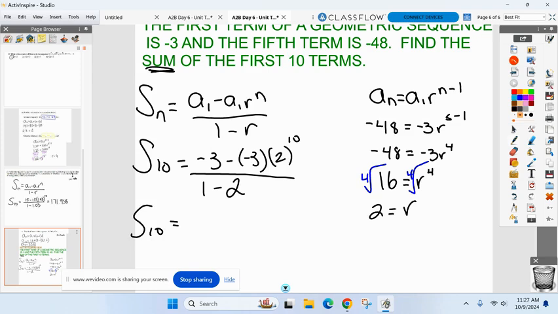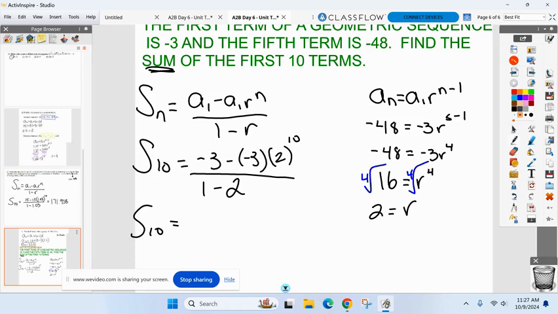I got 3,069. The answer has to be negative. If you're multiplying by 2 every time, aren't your terms always going to be negative? So if you add all negatives together, you get a negative answer, right?